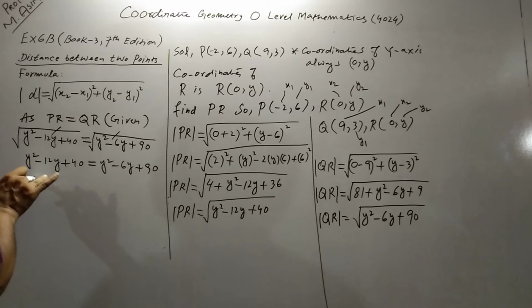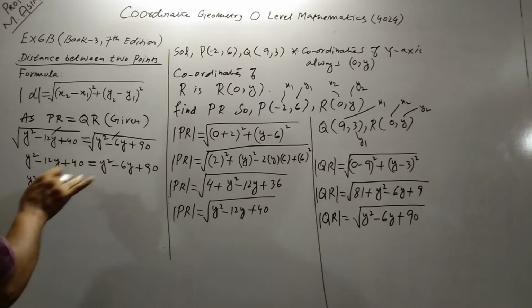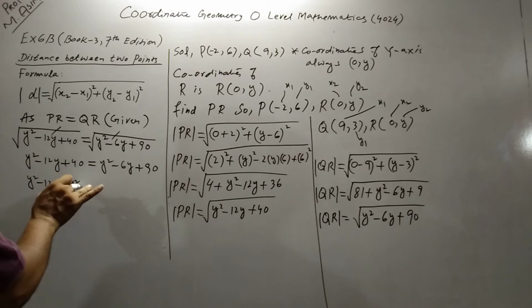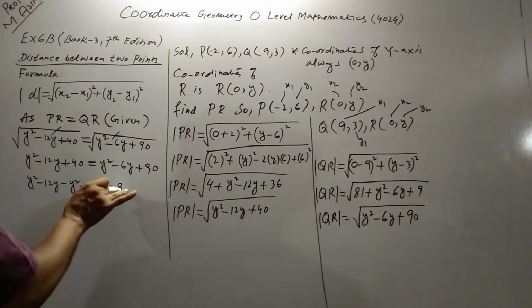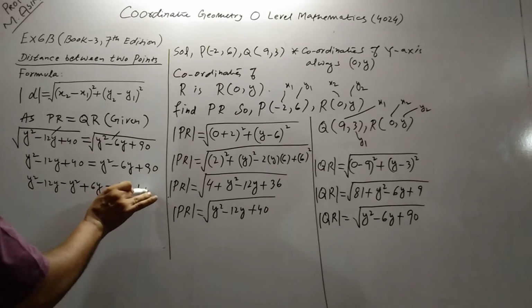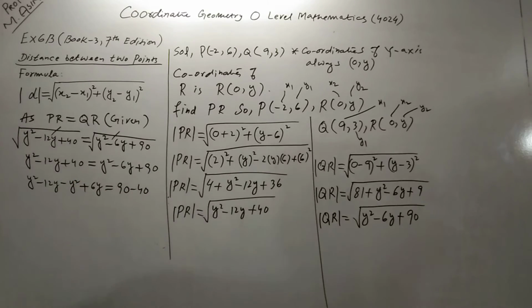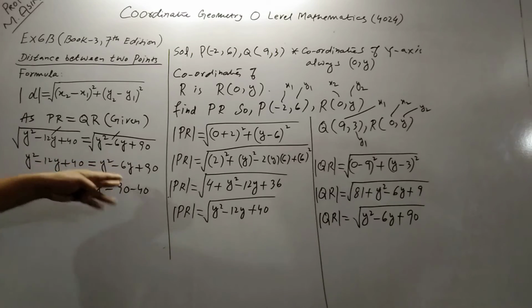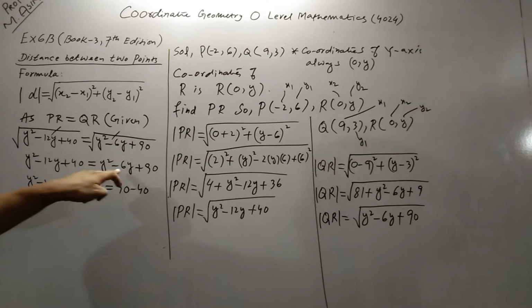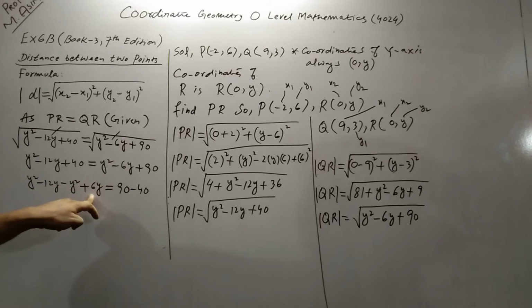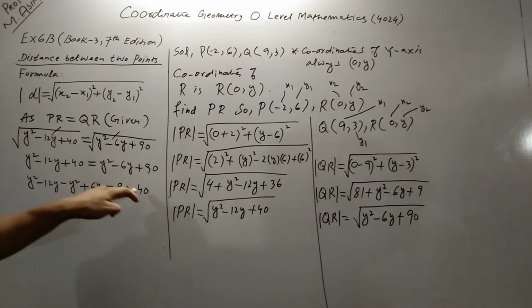So y square minus 12y minus y square plus 6y equals 90 minus 40. Shift all y values to the left hand side and all constants to the right hand side. This y square becomes minus y square on this side, this minus 6y becomes plus 6y, this plus 40 becomes minus 40.